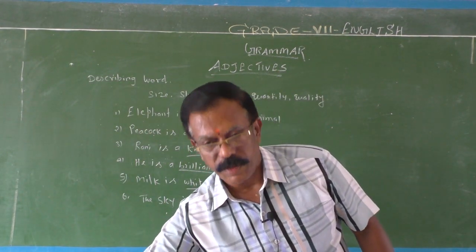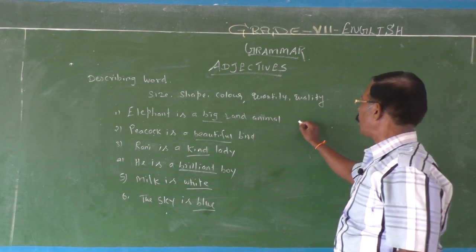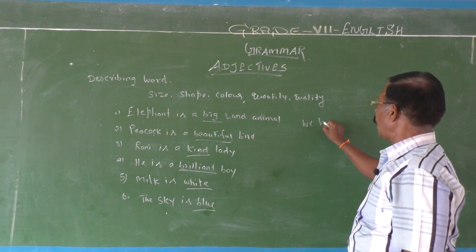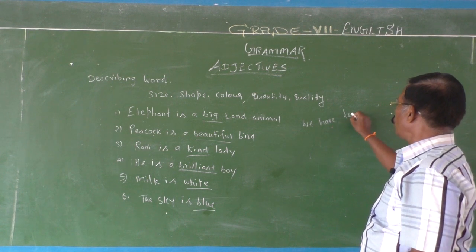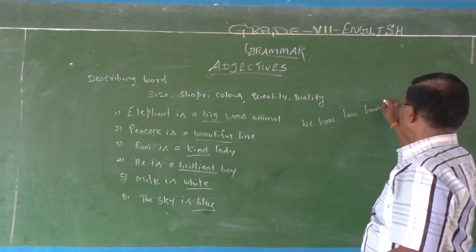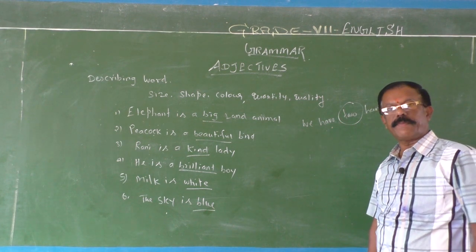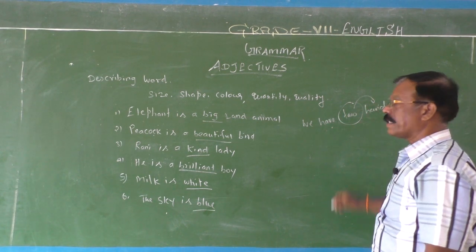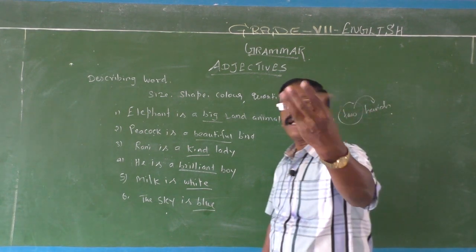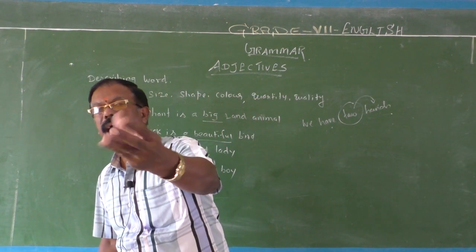For quantity, I will give you an example, children. Just listen to me very carefully. We have 2 hands. Here, two is an adjective. It's a describing word. It describes the noun hands. How many hands do you have? We have 5 fingers in our hand.